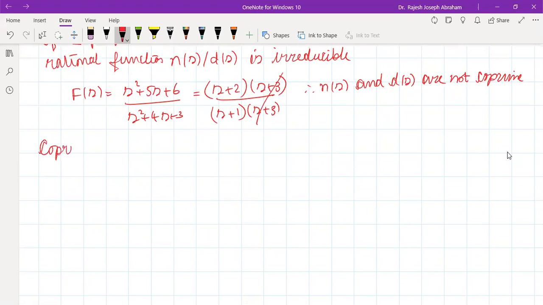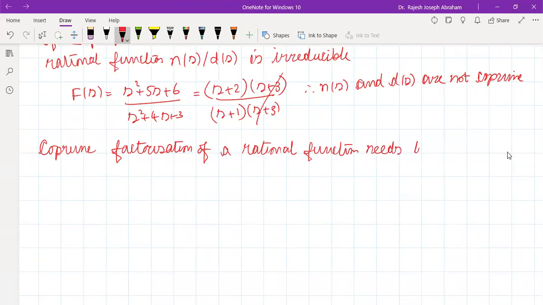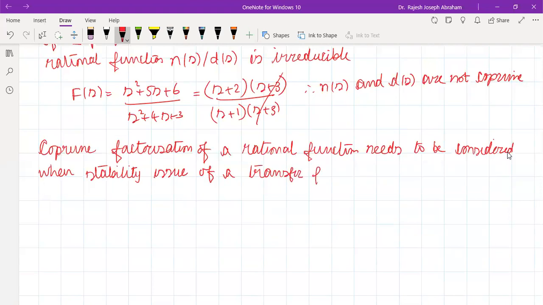Co-prime factorization of a rational function needs to be considered when the stability issue of a transfer function is to be considered.